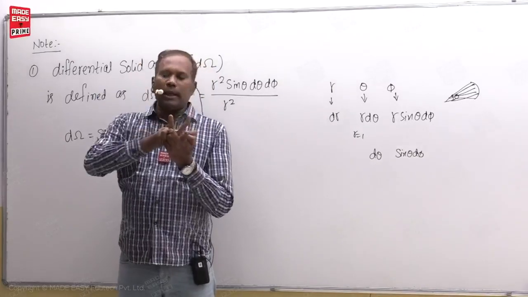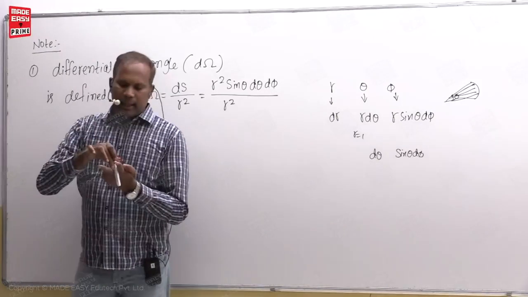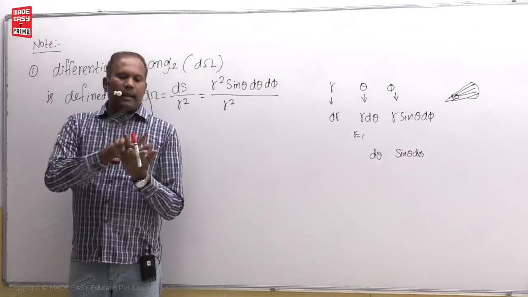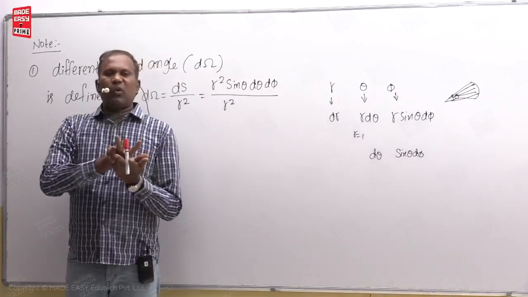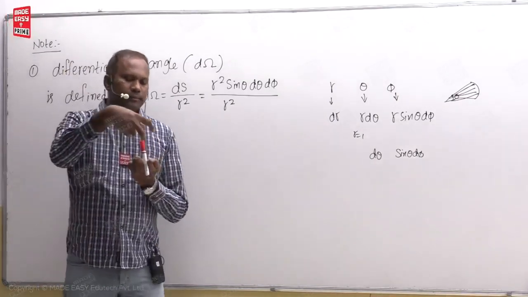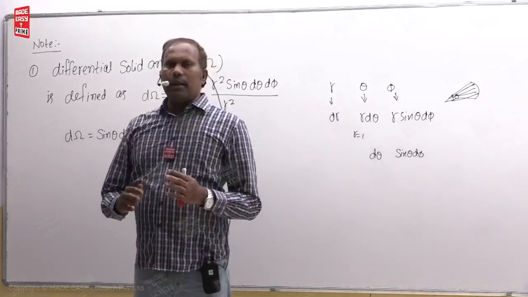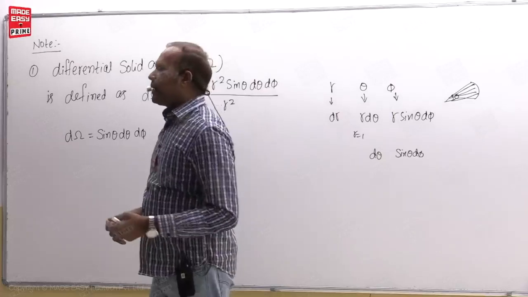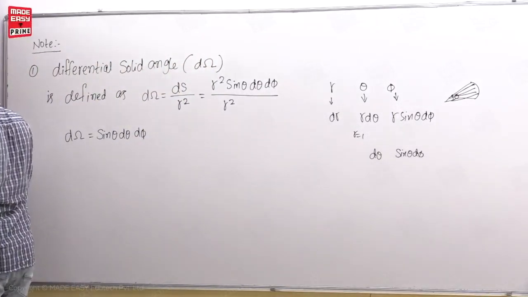In that volume, if you put an antenna like this, then how much power is radiated by this antenna in this volume? That is called watt per steradian. So steradian means a two-dimensional angle, vertical angle multiplied with horizontal angle, right?